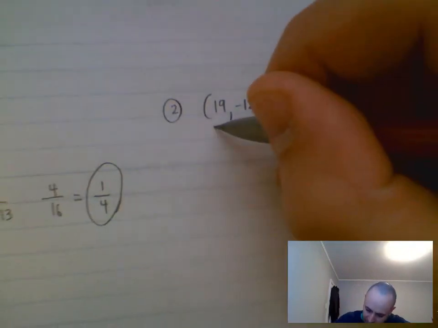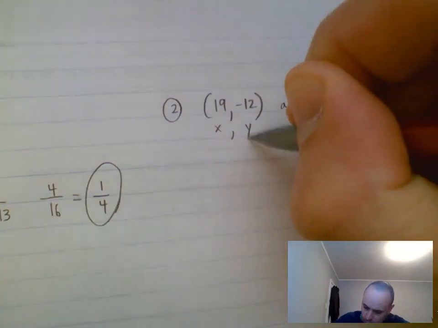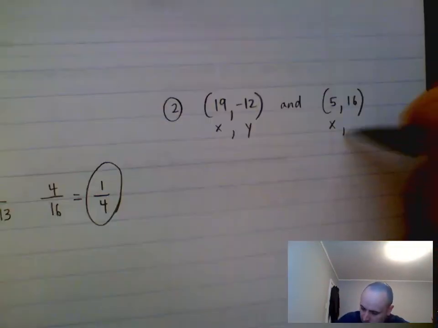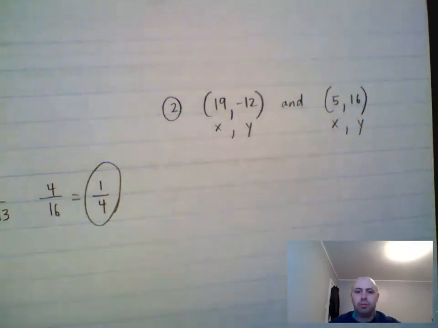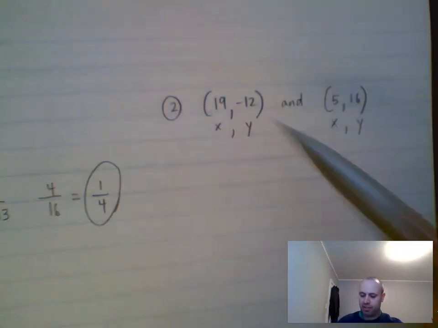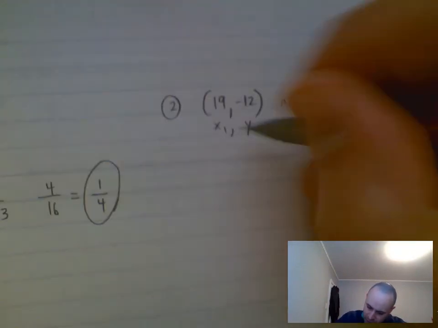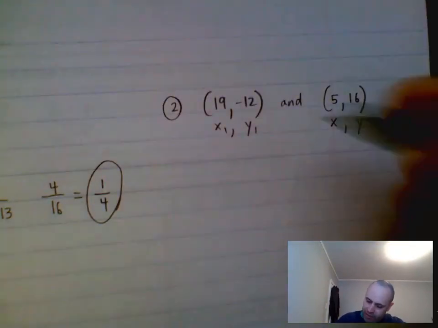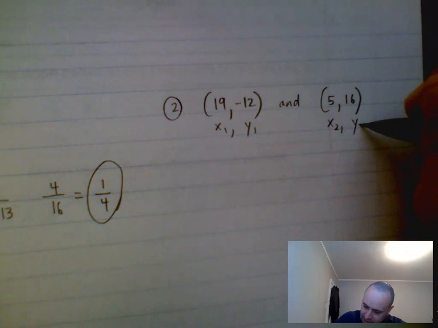Once again, we always have to remember that it's always listed as x, y. So you always have your x first and your y. Let's call this set here x1, y1, and let's call this set here x2, y2.